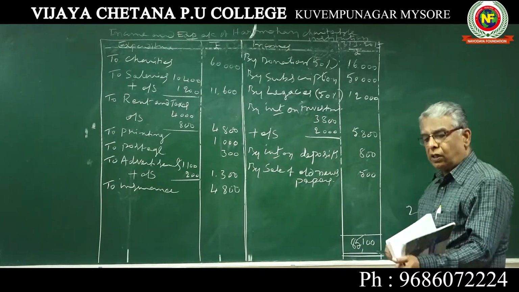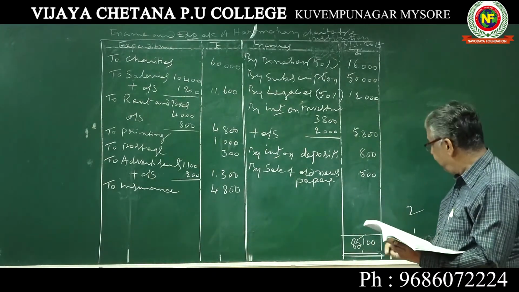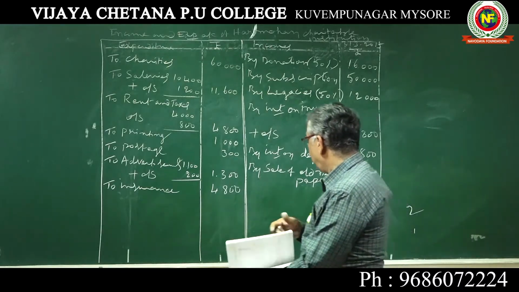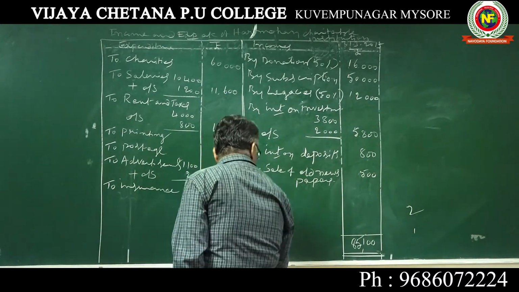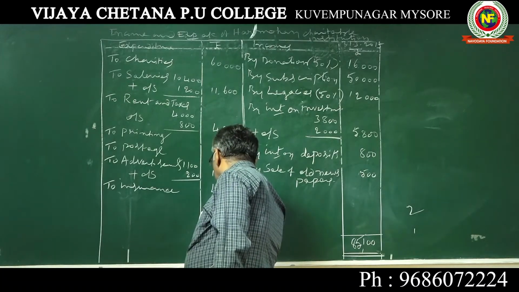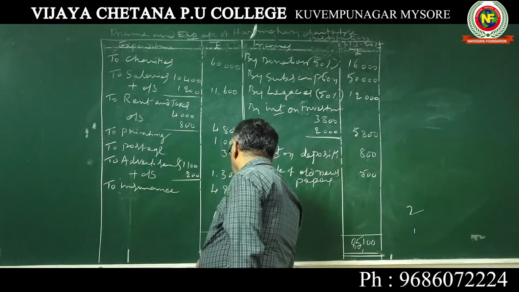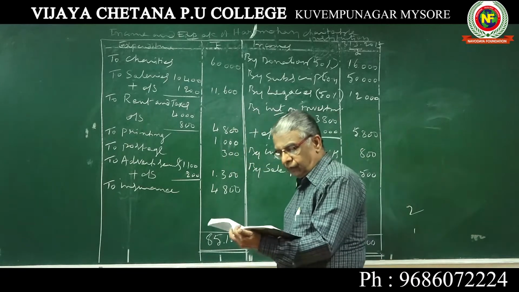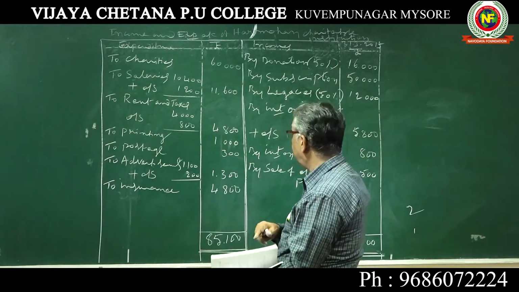So the income side total is 85,100. You put this on the other side also, 85,100. And you find out the difference between these two.